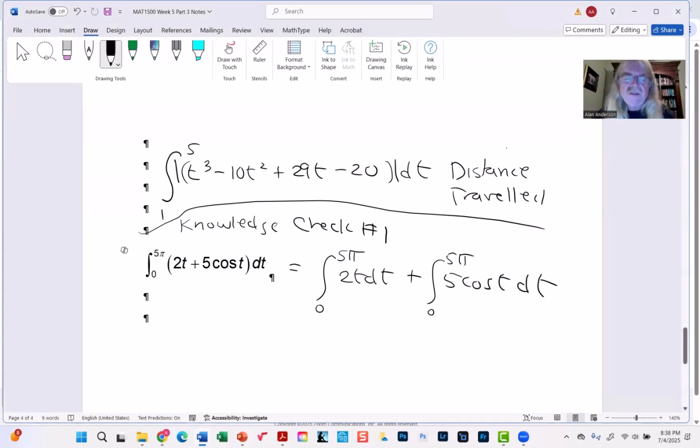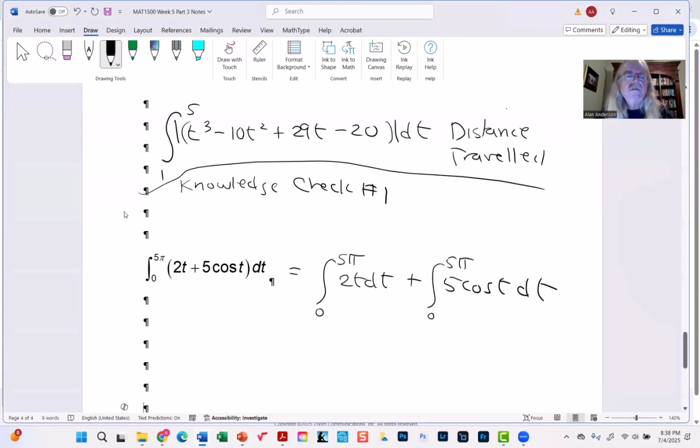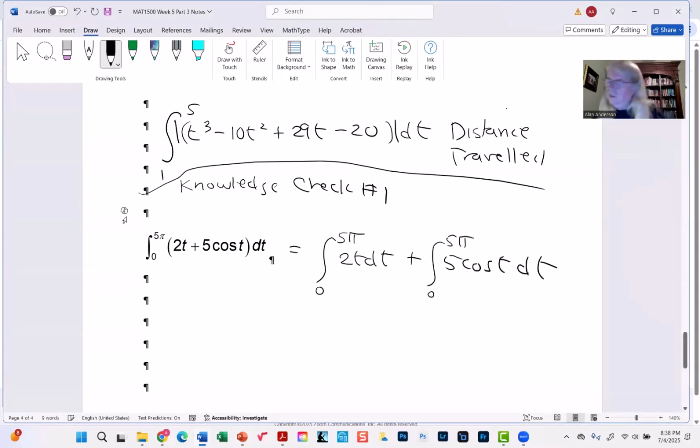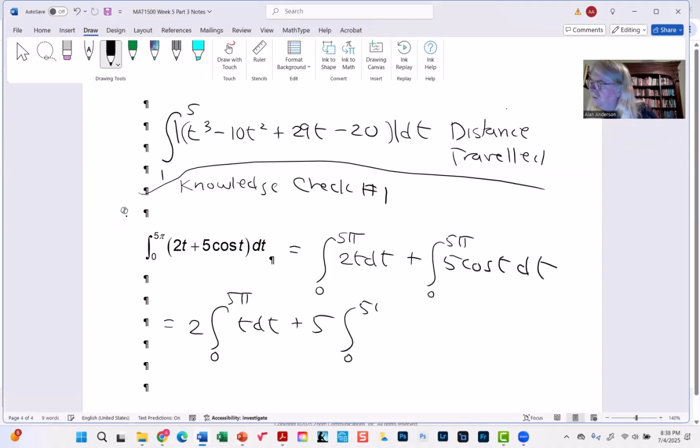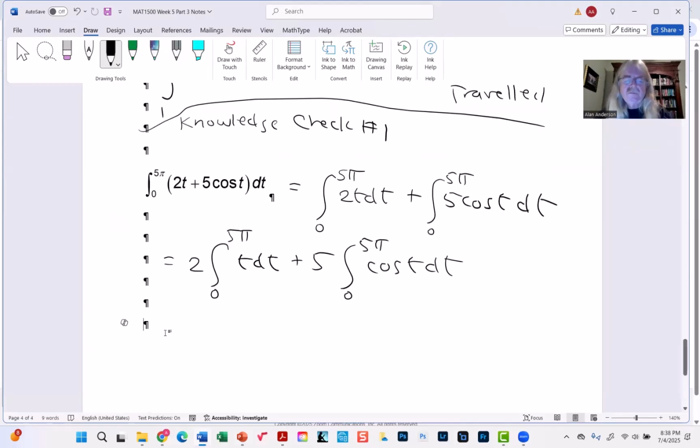All right, and then we can factor out the constants. So we'll have 2 times the integral from 0 to 5 pi of t dt, and then we'll have 5 times the integral of cosine t dt. So for the first one, we'll use the power rule.